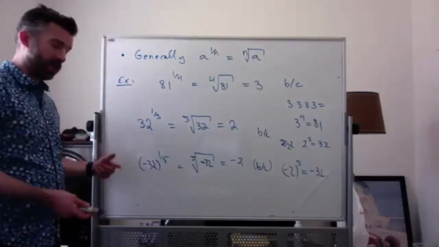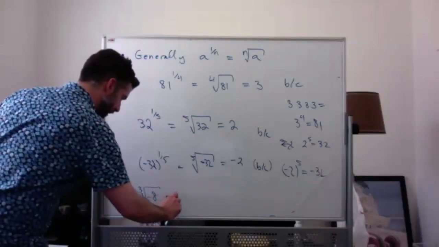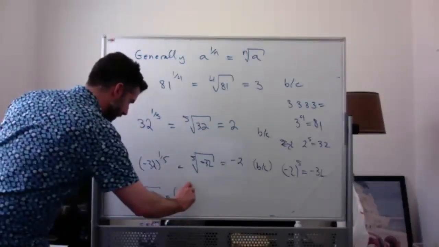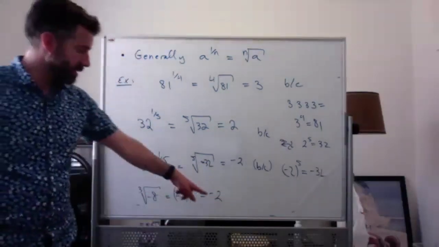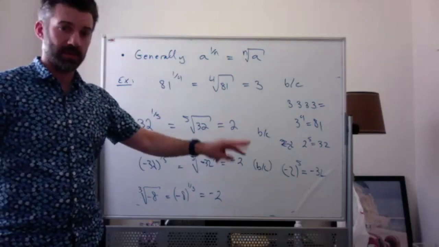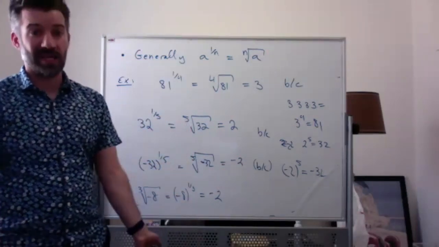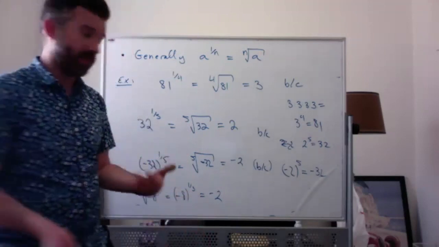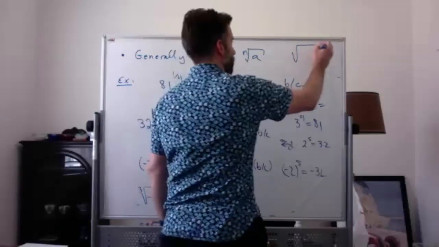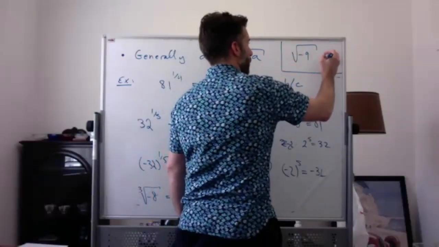You can take a cube root of negative 8, or negative 8 to the 1/3 is also negative 2, because negative 2 times negative 2 times negative 2 is equal to negative 8. You cannot take even roots of negative numbers, at least you can't and get a real result. The square root of negative 9 is imaginary.